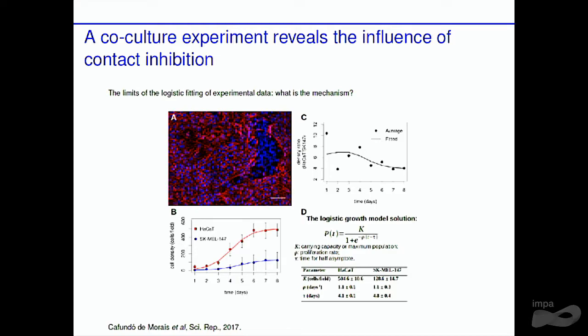Secondly, what we have observed is that the population of keratinocytes grows, as well as the melanoma cells, following a sigmoidal curve, like the logistic model, which is capable of fitting it. However, there is a new thing here.